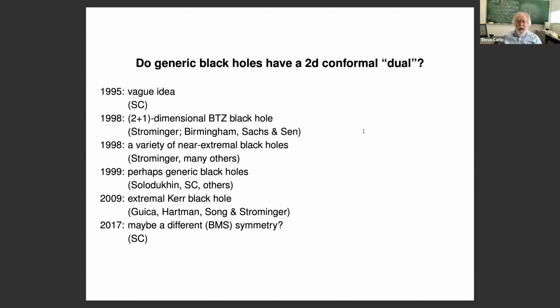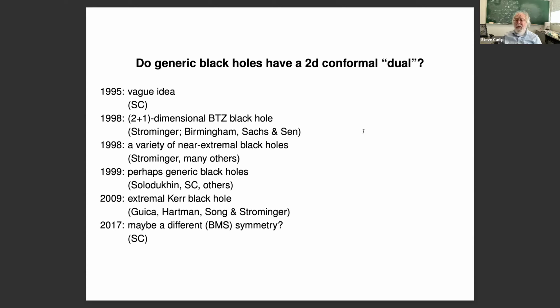It's not at all generic. In 1999, Solodukhin and I independently suggested that maybe there's some way of finding a preferred two-dimensional subspace of a higher dimensional black hole, in which case you could use exactly the same methods. This was carried out in a beautiful way in 2009 for the extremal and near extremal Kerr black holes by Strominger and his students.